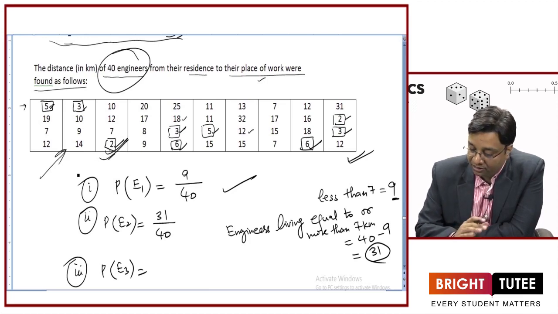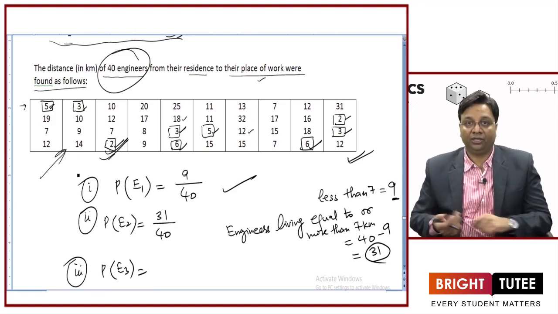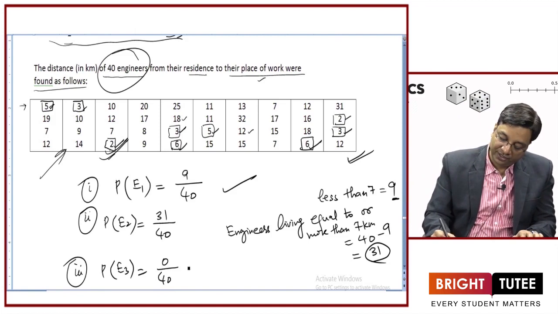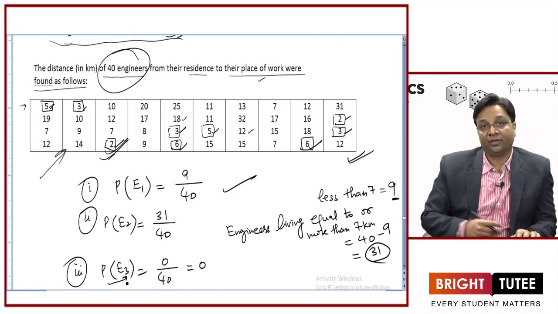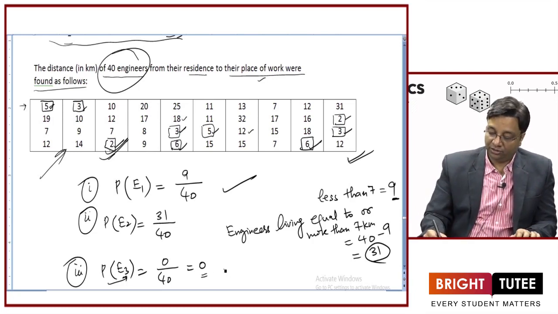There is no engineer who lives less than 2 kilometers from their place of work. So, within half a kilometer, 0 such entries are there. So, 0 by 40, that is equal to 0. The probability that an engineer lives within half a kilometer from her place of work is 0. So, it is an impossible event.